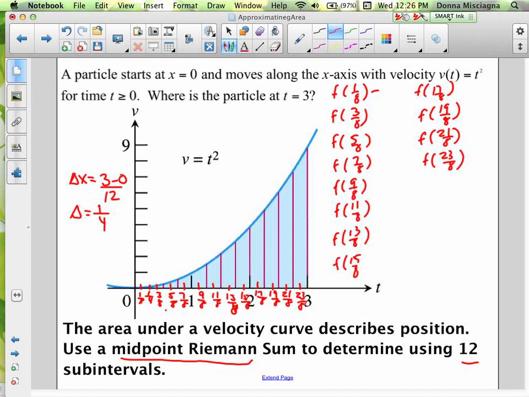All right, so now we need all of those values, and they're all just squaring them.